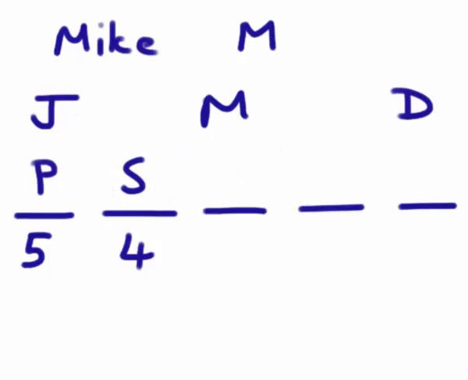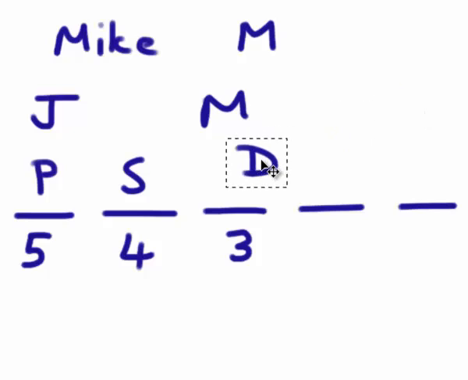Now have a look at that. For the next seat, next to these 2, there's only 3 people that we can choose from: James, Mike, or Dimple. So let's suppose we choose Dimple. She goes there, in the 3rd position.